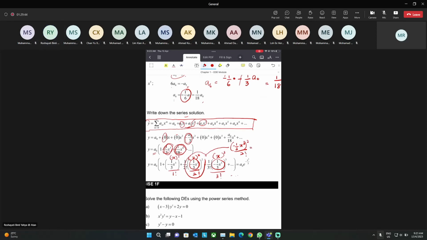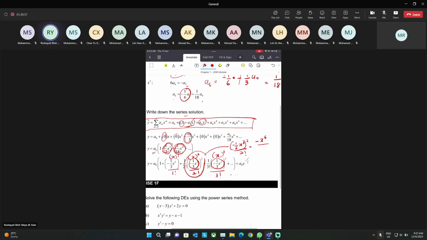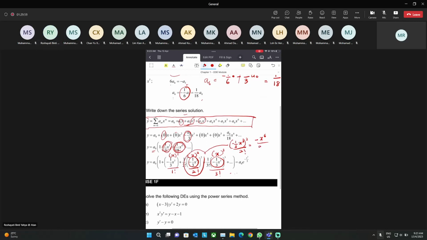So negative x to the power of 6 over 3 squared equals 9, divided by 2 factorial is 2.